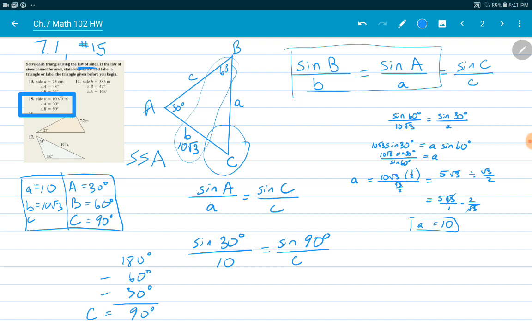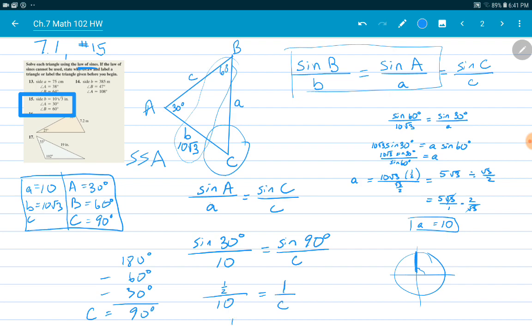Now I know sine of 30 is 1/2, divided by 10, equals sine of 90. Think about your unit circle. When you're at 90 degrees, that y value is 1. So this is 1 over C.